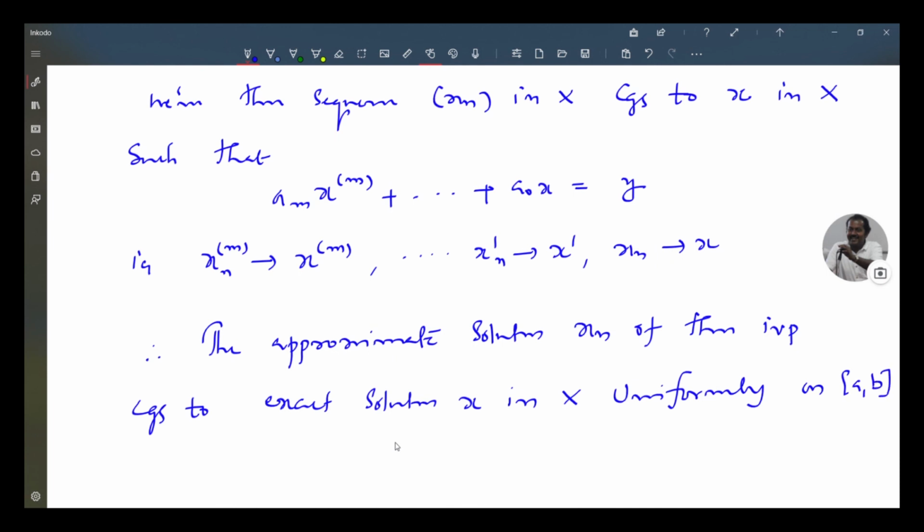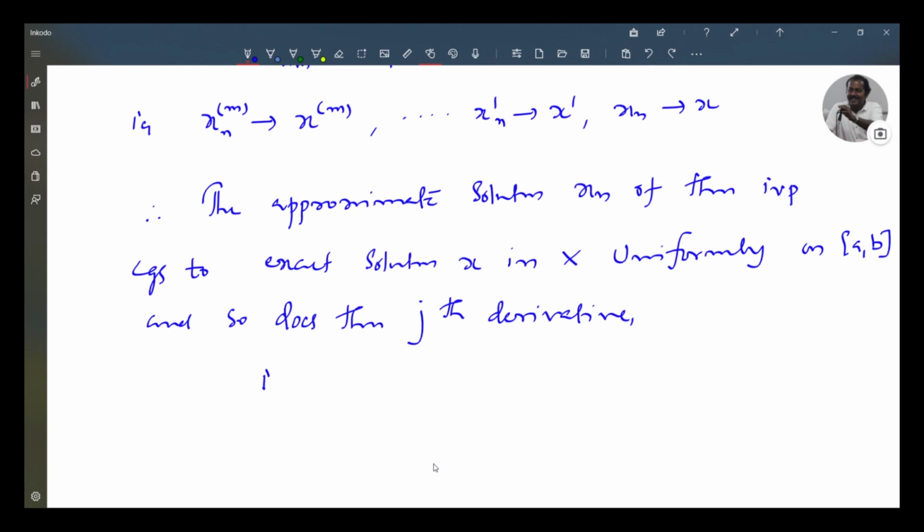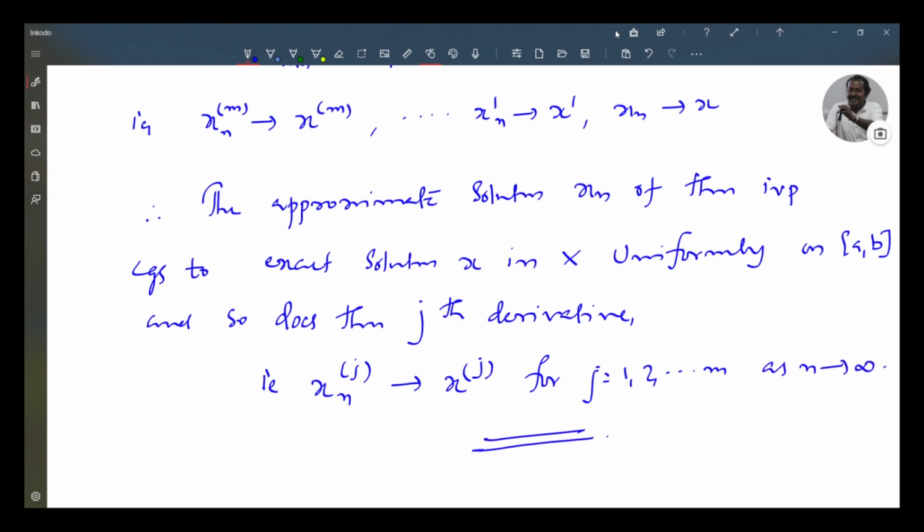And so does the jth derivative. That is, the jth derivative of x_n converges to the jth derivative of x for j equal to 1, 2, etc., m, as n tends to infinity. So this solves that problem. That's all for today. Have a nice day.